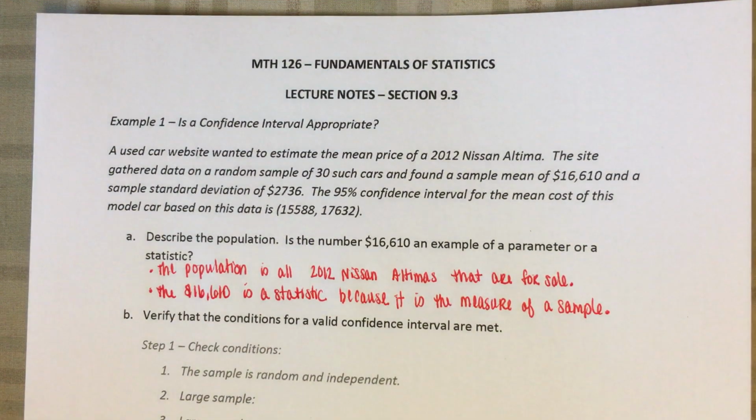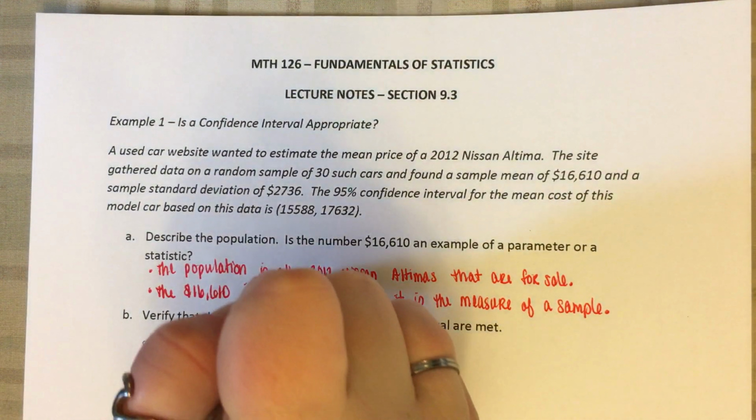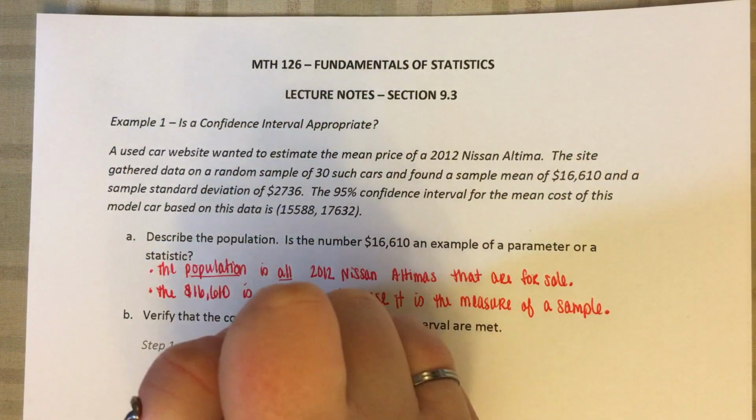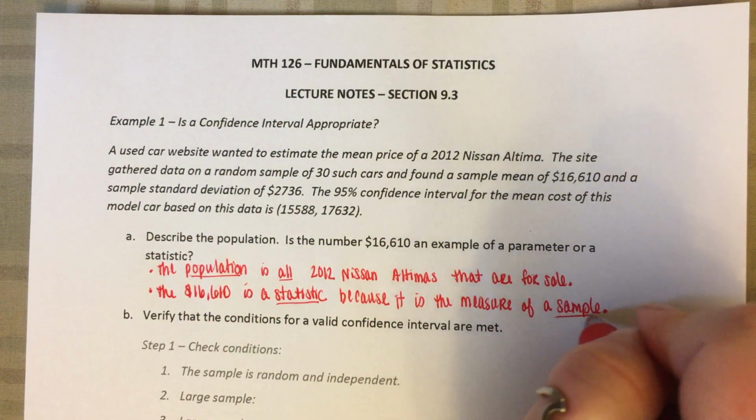Just a reminder, population goes with the word all, and statistics go with the idea of a sample.